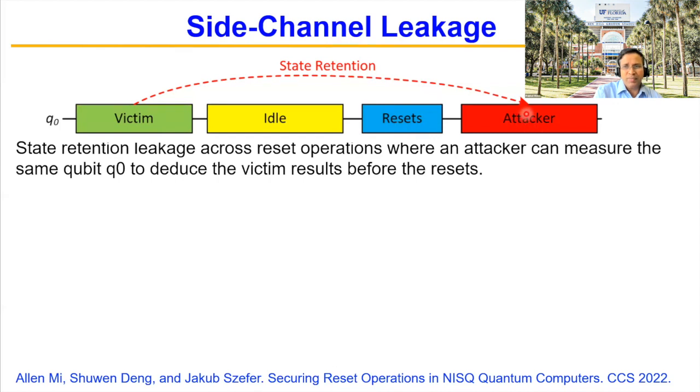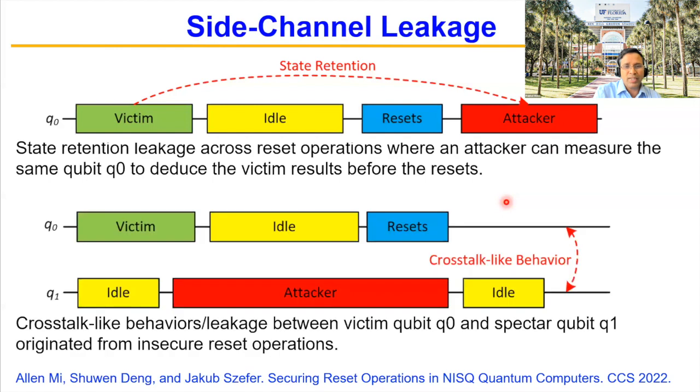If I'm the attacker and it's my code, and you are the victim whose quantum circuit used this qubit, then based on the residue, I'll be able to figure out what happened before. This is analogous to a cache-based side channel attack, a cache timing attack, for example. So this state retention is one possible attack.